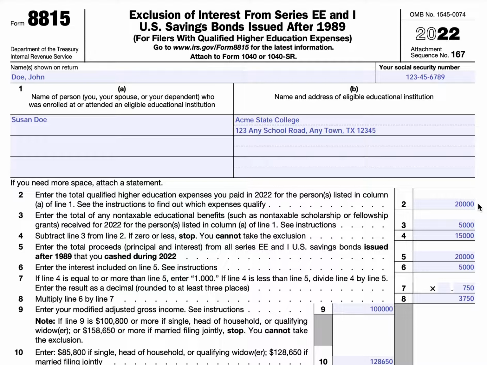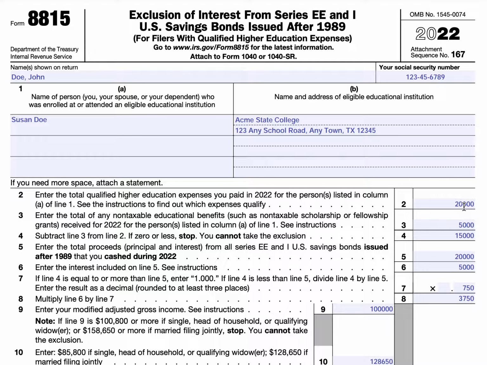So when you're processing this with the education credits that you might be eligible for, either the American Opportunity Tax Credit or the Lifetime Learning Credit, just keep in mind that you can't double dip with credits that you're already taking and then excluding interest that was used to pay the same expenses that you already got a credit for. So we just put in line 2, $20,000.